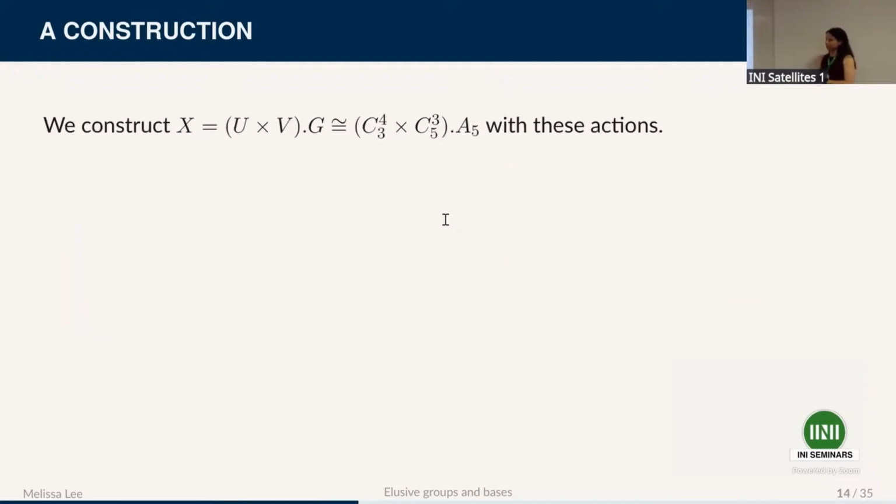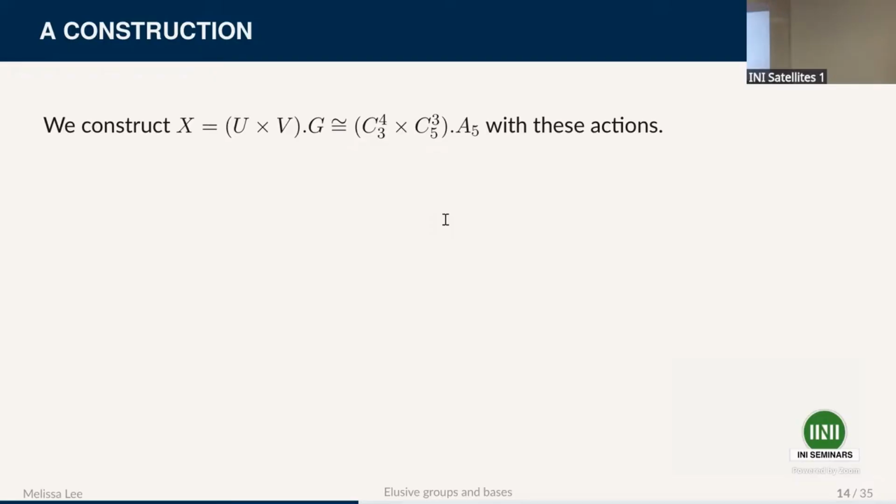All right, so we can construct these non-split extensions. What we're going to do is take the direct product of the corresponding cyclic groups that will represent these fully deleted permutation modules.